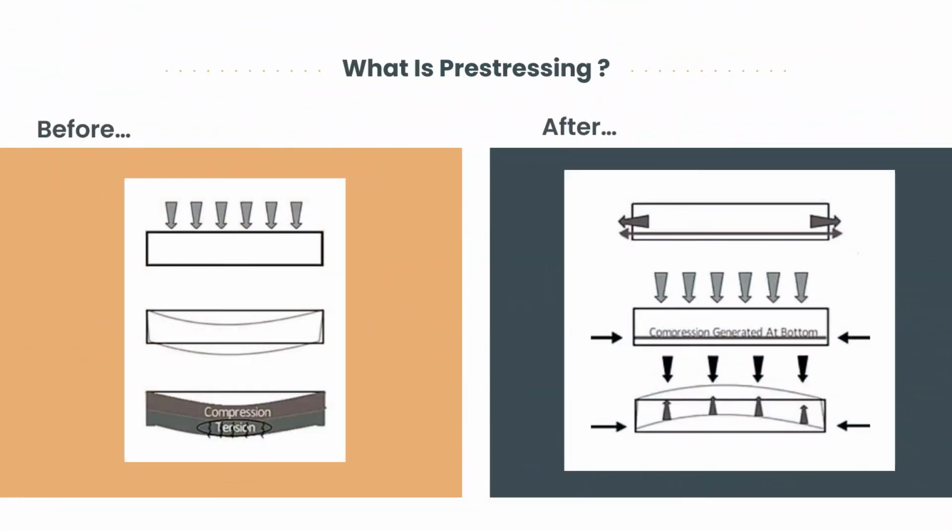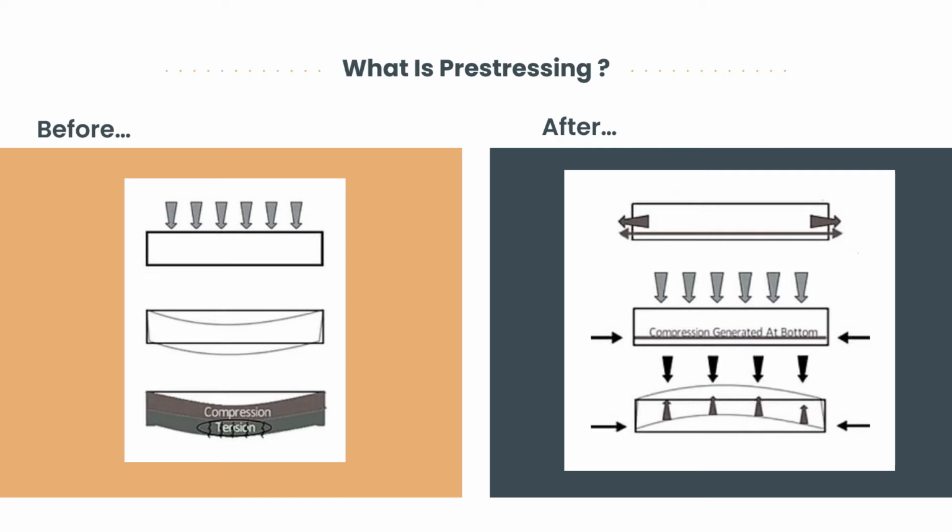What is pre-stressing? To make it easier for you to understand about pre-stressing, you can see the picture before the tendons are embedded. For the first image, when we apply load on the concrete member, the concrete will be bent like this. We can see that the compression develops on the top and the tension on the bottom of the concrete.